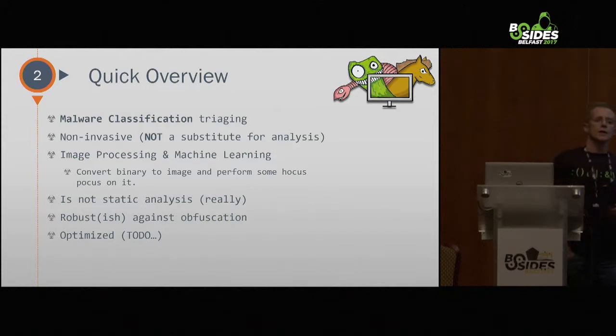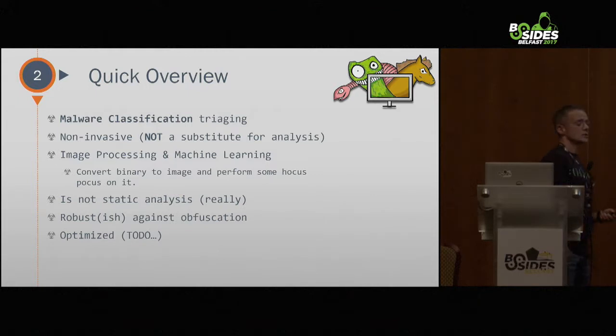I'm in no way statically analysing or running the code in sandboxes or anything like that. Just to point out, it's not a substitute for regular malware analysis, and that's not what I'm trying to do. I'm trying to classify malware in terms of slotting in samples into their respective families, okay?